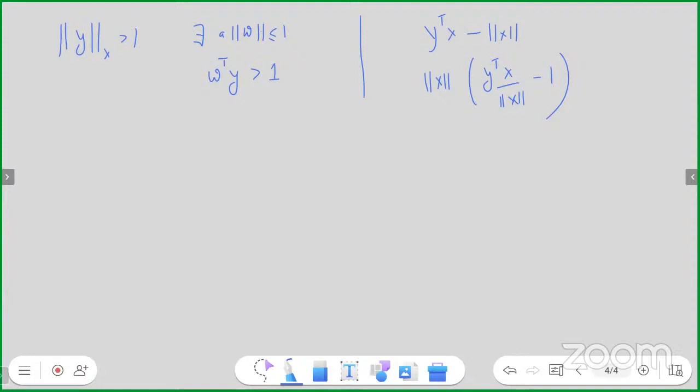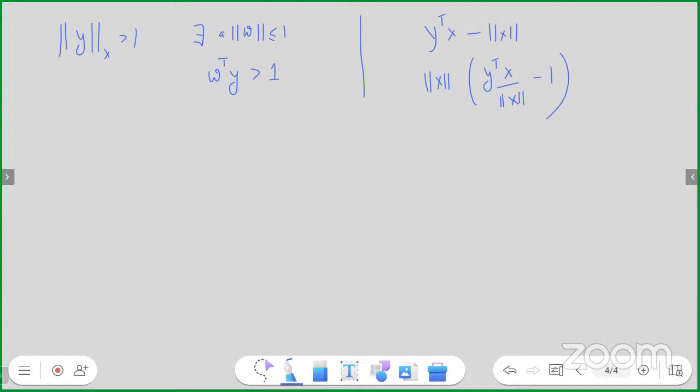It's close to infinity. Why does it do that? For W, Y transpose W by norm of W against this norm of Y star is greater than 1. So subtracting 1 we still get a positive quantity. And if we keep increasing the norm of x, then the quantity will grow.